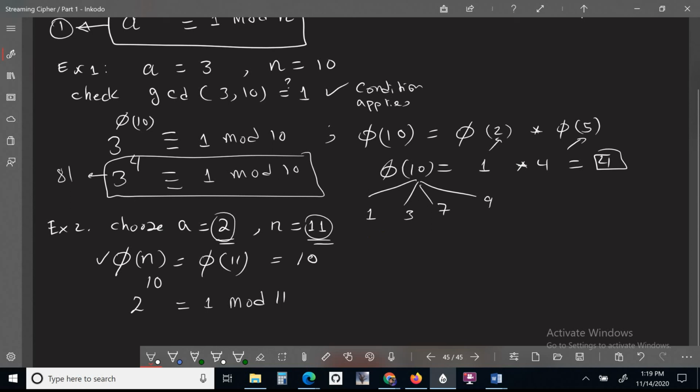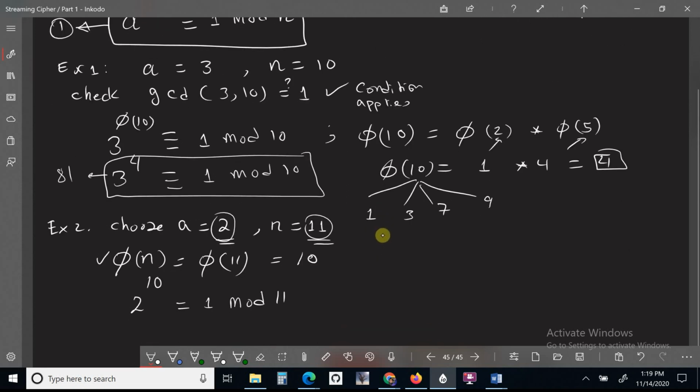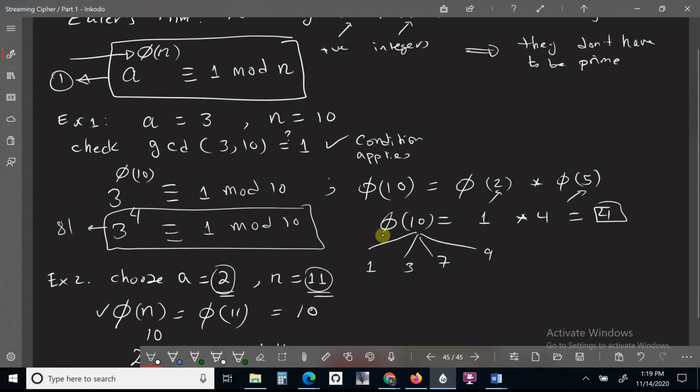Now another expansion to the theorem. If you multiply both sides by a, this is another variation for the theorem or formula. So multiply equation 1 by a for both sides.